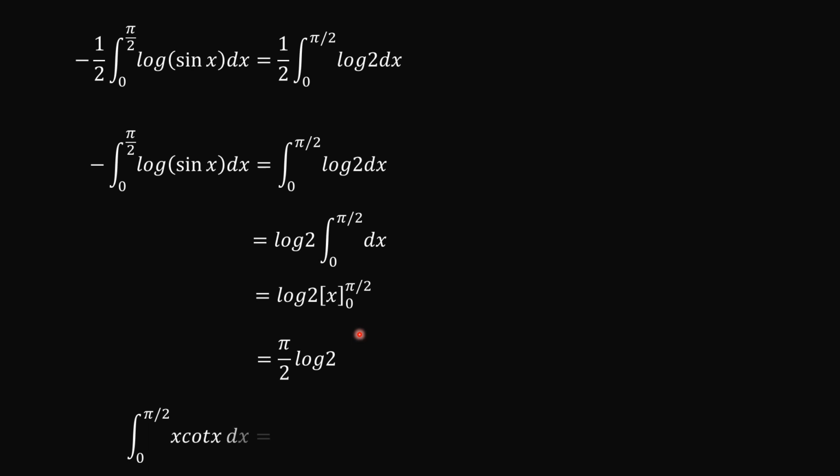So therefore, the integral of x times cotangent x from 0 to pi over 2 is equal to negative the integral of negative natural logarithm of sine x from 0 to pi over 2, which is equal to pi over 2 times the natural logarithm of 2. And this is the answer here. So a little bit convoluted, but that's the answer we would get for this problem.